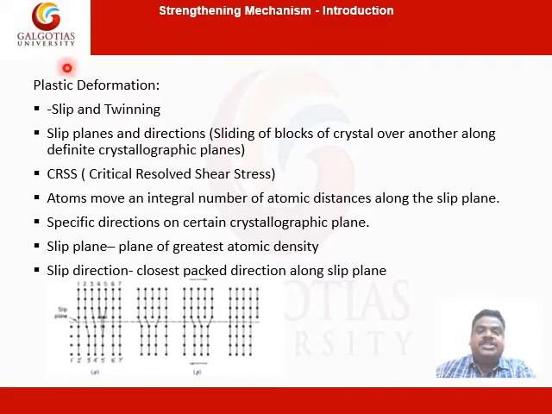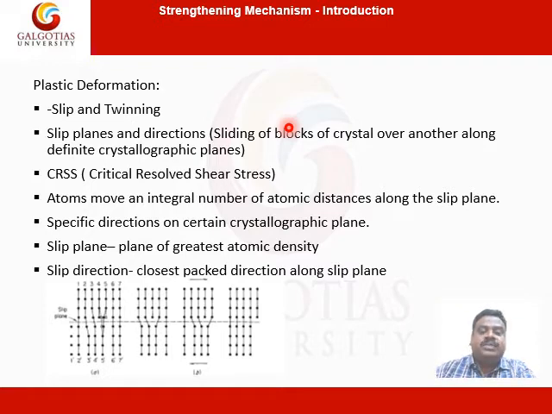The plastic deformation in materials is caused by the phenomenon that is known as slip. Slip is nothing but sliding of blocks of crystal over one another along definite crystallographic planes that are known as slip planes.